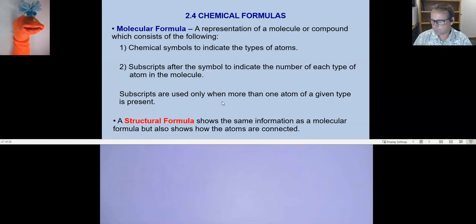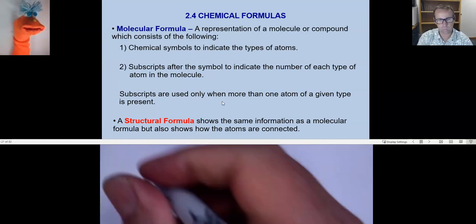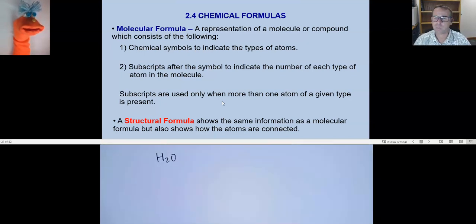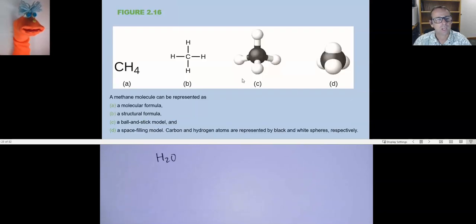We have chemical formulas that we've been using off and on at different times, mostly just water, right? This chemical formula, though, tells us how many of the different elements there are in a molecule or compound, right? Here's an example, CH4.